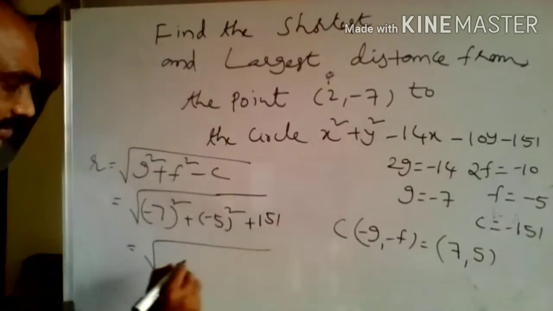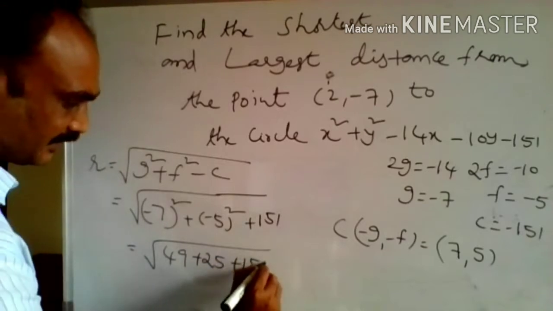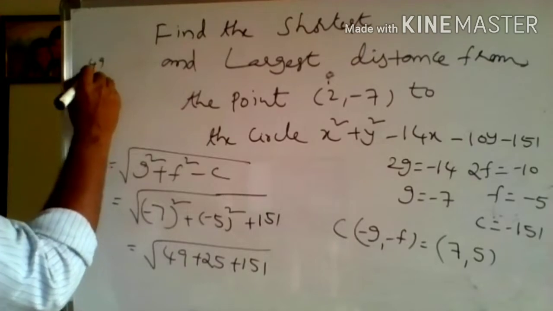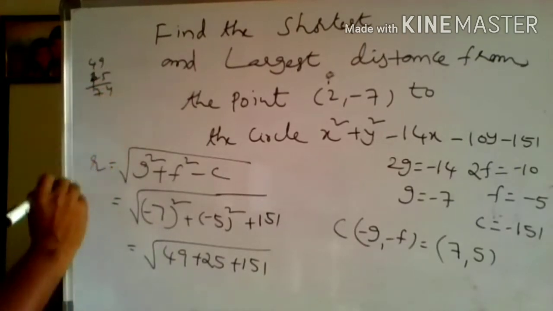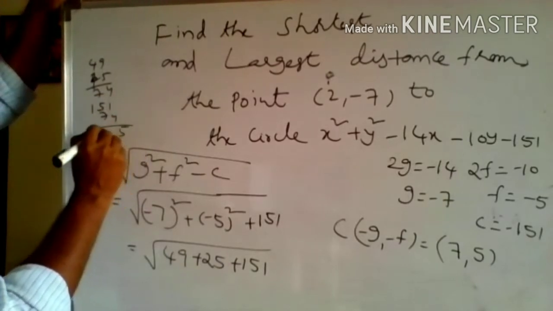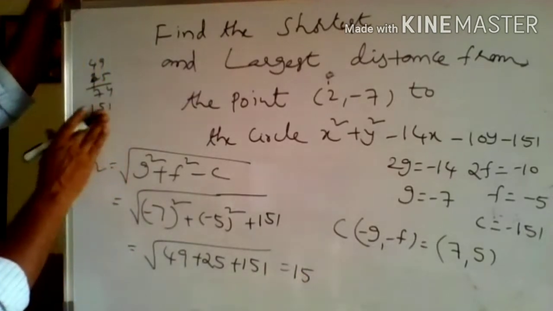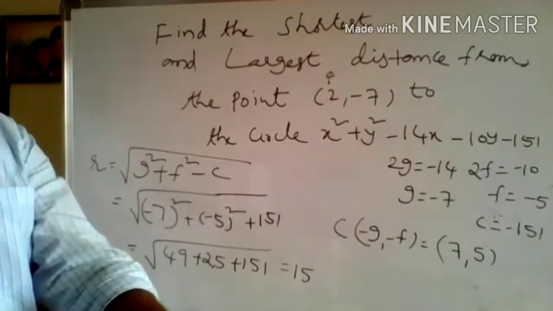So 49 plus 25 plus 151 gives a total of 225. Root of 225 is equal to 15. So the radius is equal to 15.